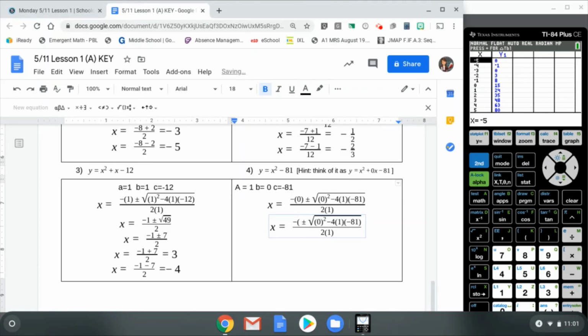Okay, so using your calculator, typing in 0 squared. I'm not going to type this one in for you on the digital calculator because I'm doing it on my actual calculator. Go ahead and do that on your own.